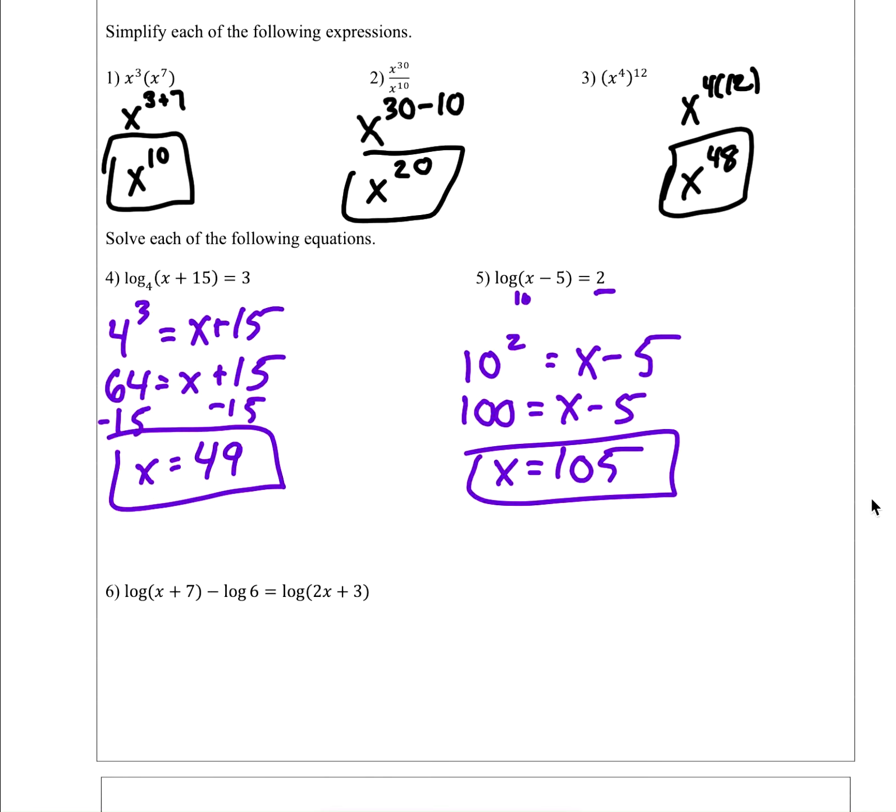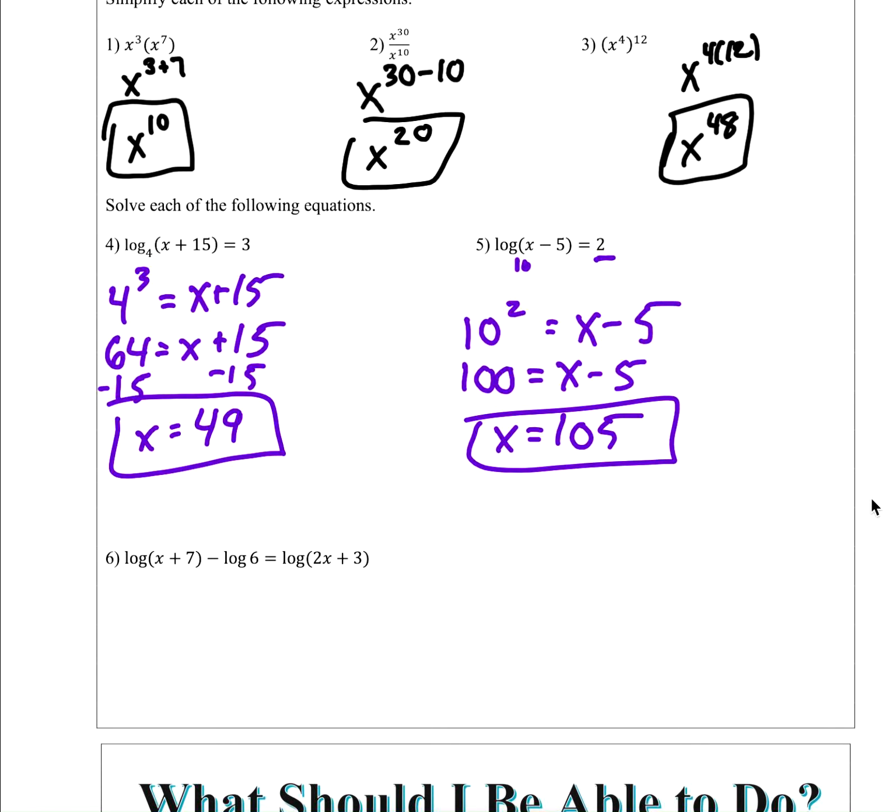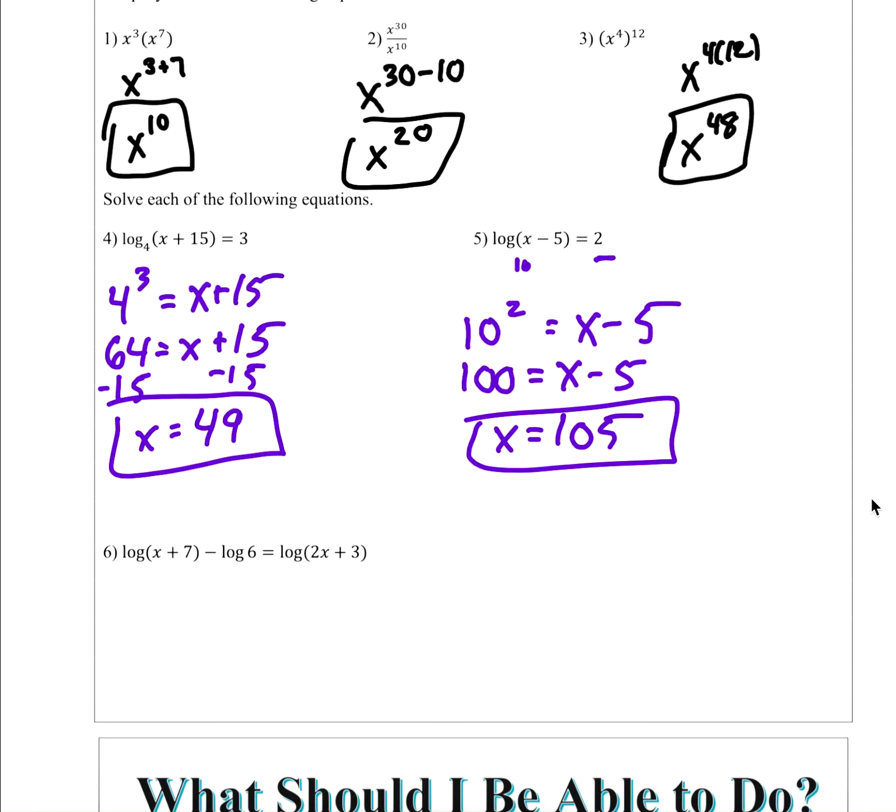Let's take a look at number 6. You should probably, if you did number 6, I'd be very surprised. You can't do number 6 yet. The reason why I'm showing you number 6 is that's what we're going to be learning when we expand and condense logarithms. So condensing, in this case, means kind of like making smaller.